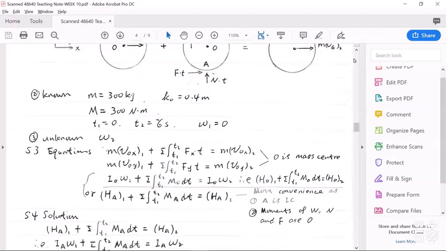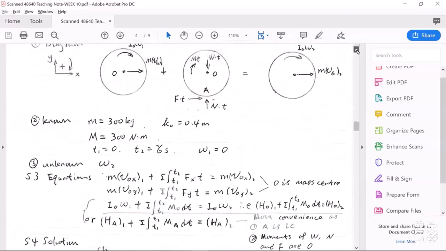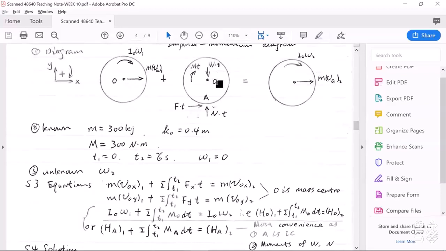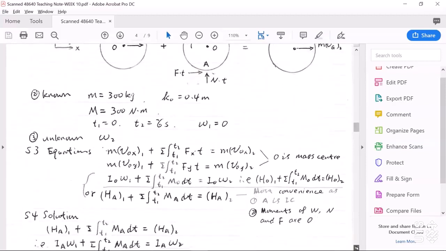If you look at this impulse diagram, you can see about point A, the moment arms of weight force W, friction force F, and reaction force N are all 0. So selecting point A for calculating angular impulse will be very easy.